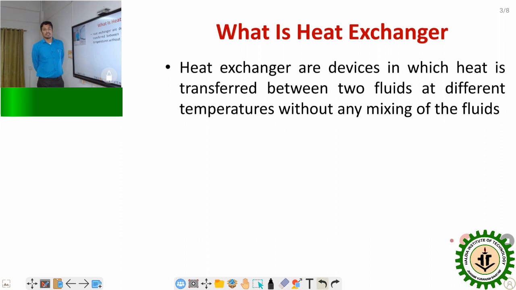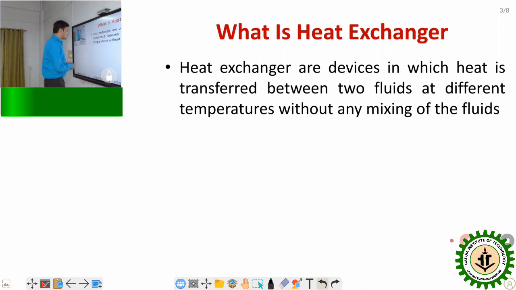This device only exchanges the heat between the two fluids, one hot and another cold. Also one thing you should remember, it never takes any energy in the form of heat from the ambient, and does not lose any heat from the system.